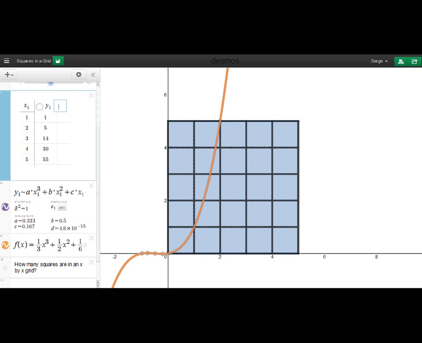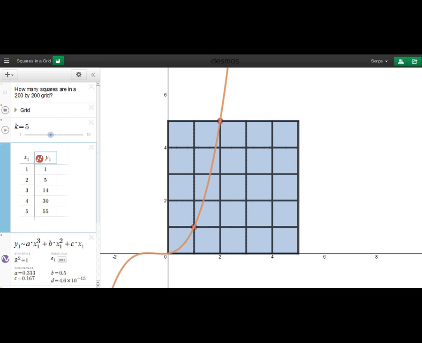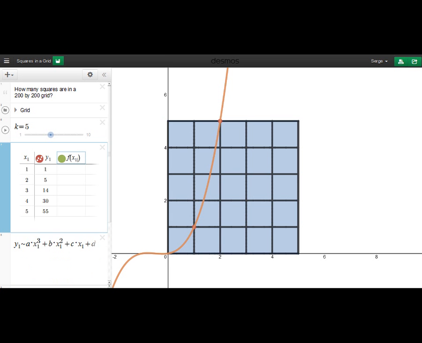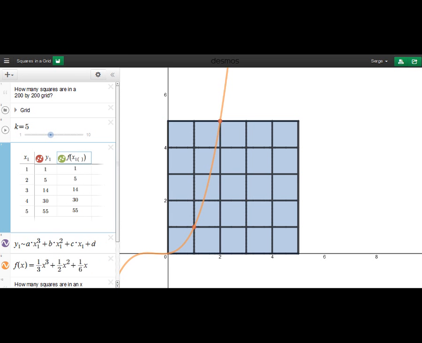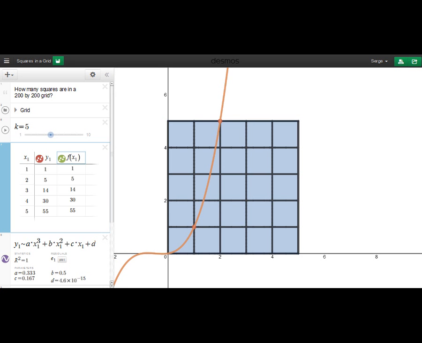Alright, so if we look at our curve, we are hoping that it hits the same points. So up here, I'm going to type f of x1 in my rightmost column. And, ooh, we see that it does give the same outputs.